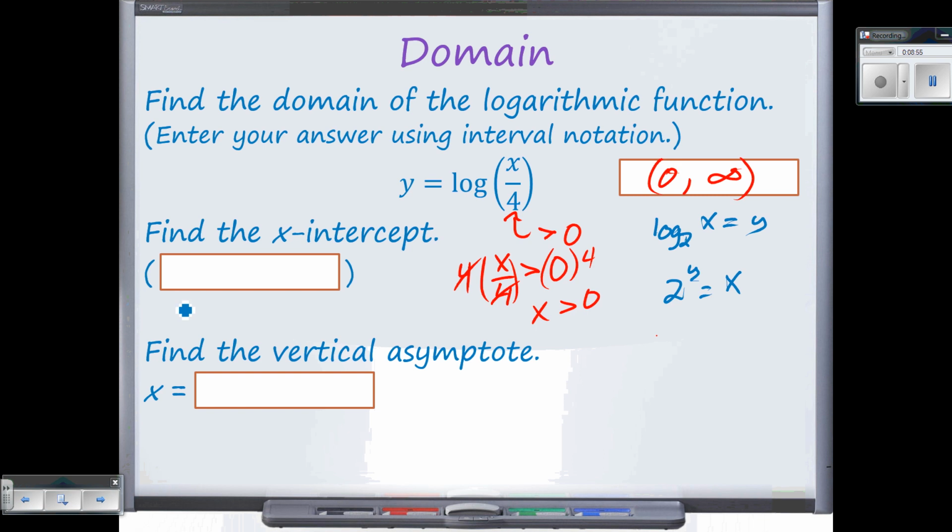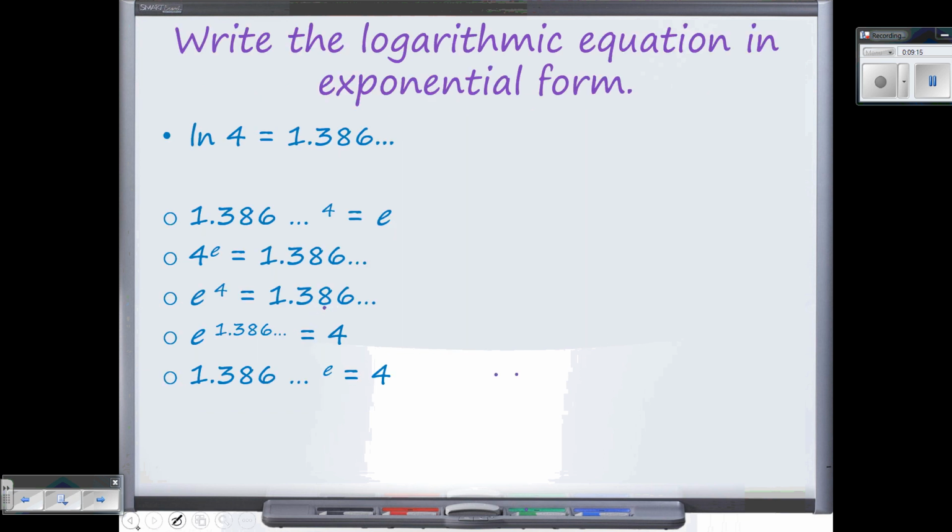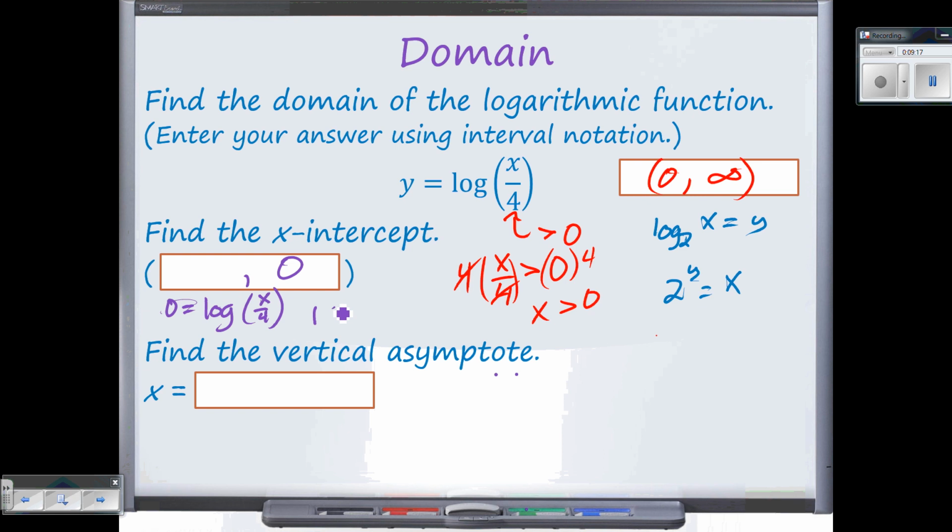Now the x-intercept, this happens when I have a y of 0. So we have 0 equals log of x over 4. So using my base to the outie equals the innie, I have 10 to the outie equals my innie.